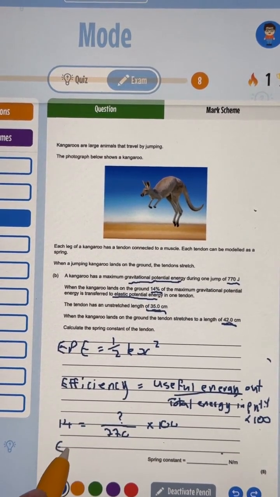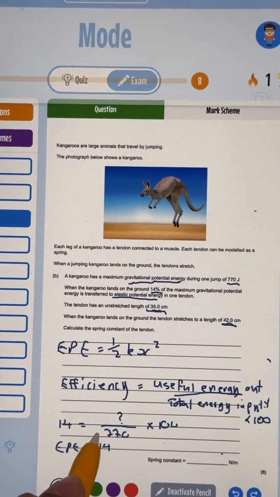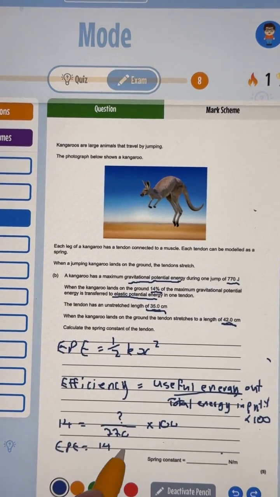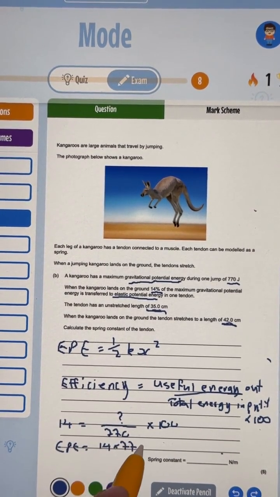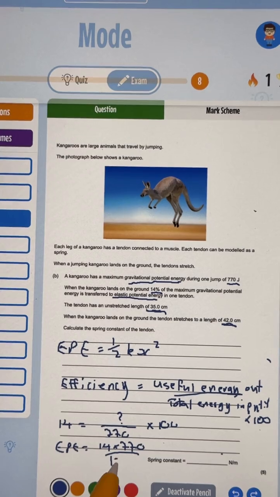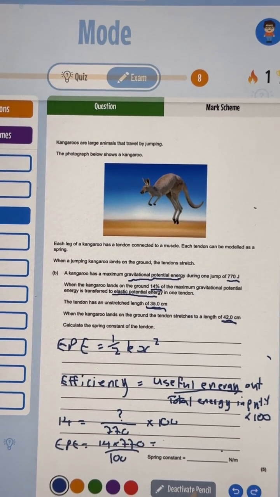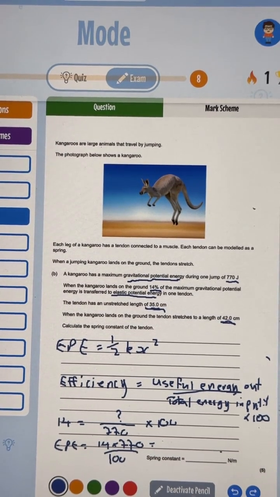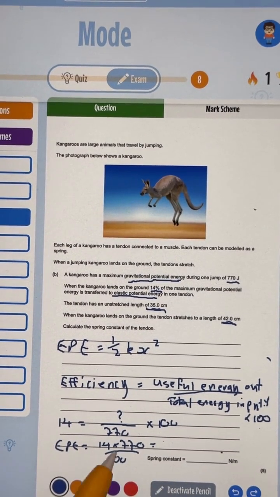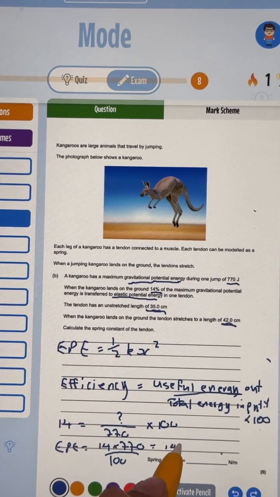So therefore this elastic potential energy will be 14 times the 770, divided by 100. That is going to give you a value for the energy of 107.8 joules.